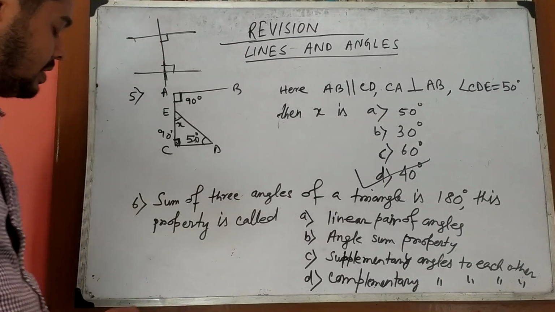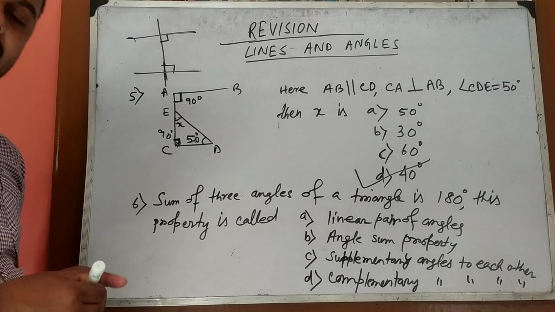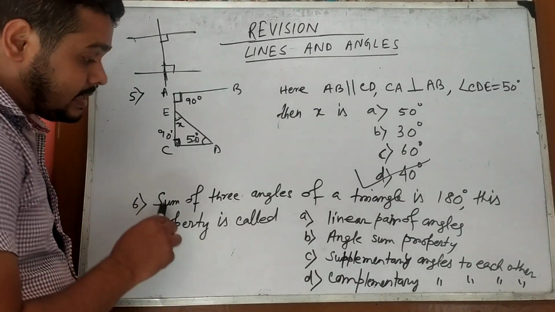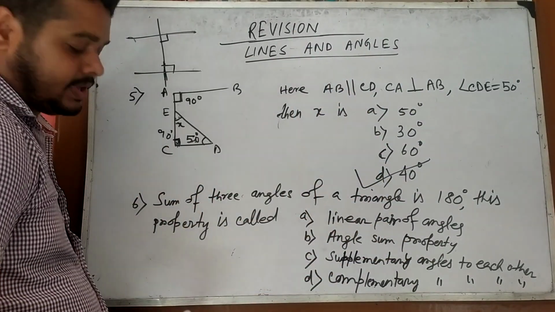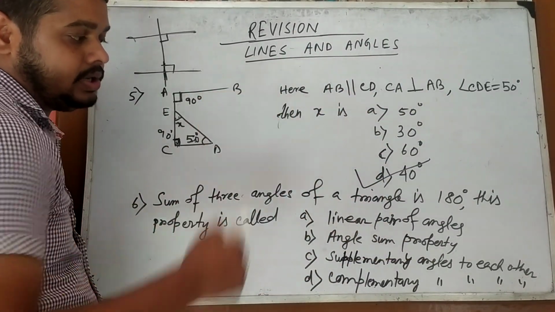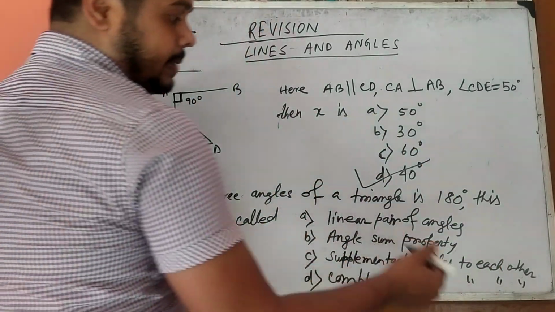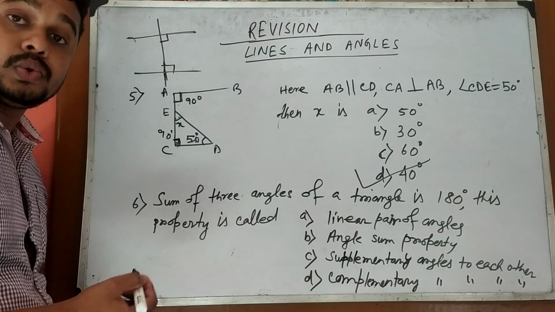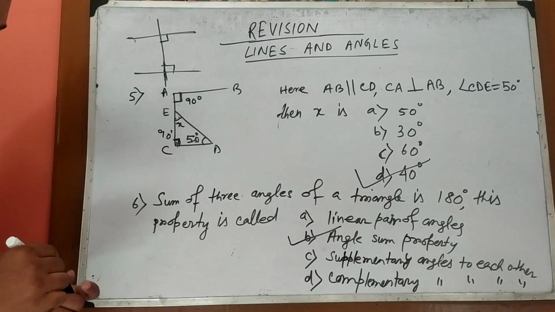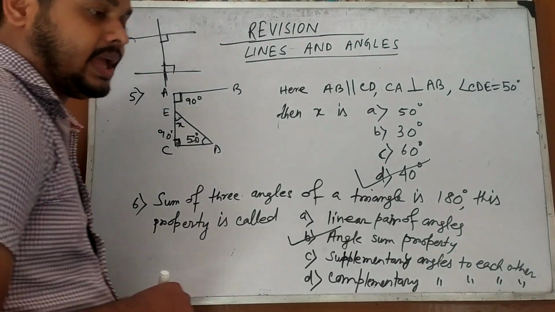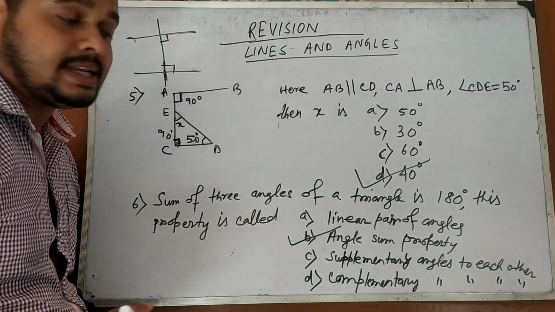Now question number 6. This is also a more interesting question. So very easy but interesting. The sum of three angles of a triangle is 180 degrees. This property is called angle sum property, not linear pair of angles, supplementary angles to each other, or complementary angles to each other. You all know this is called angle sum property, when the sum of three angles of a triangle is 180 degrees. But why is this interesting?